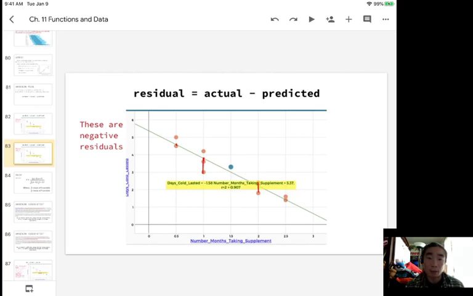Your residuals are now negative. I have to spell the whole word. And when we draw our best line of best fit, our least squares regression line, it tries to find and minimize these residuals. And more specifically, it minimizes the squares of these residuals, because there's this edge case where the positive and negatives cancel. When we square them, that's never the case. Area is always positive.